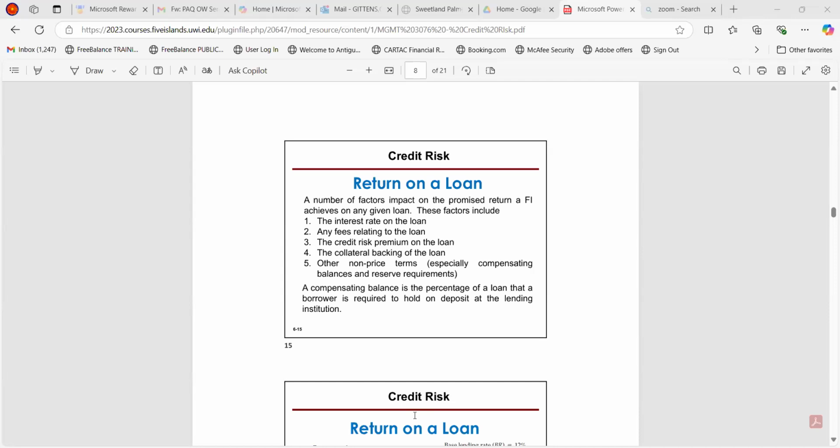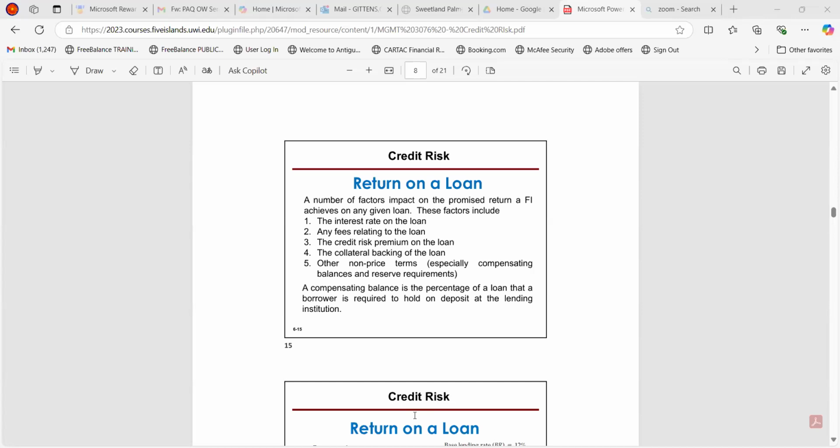Then you have the credit risk premium, which is that extra that the financial institution is going to charge a customer based on the potential credit risk that the borrower poses to the financial institution. You also would include any collateral that backs the loan and any other items, for example, reserve requirements.